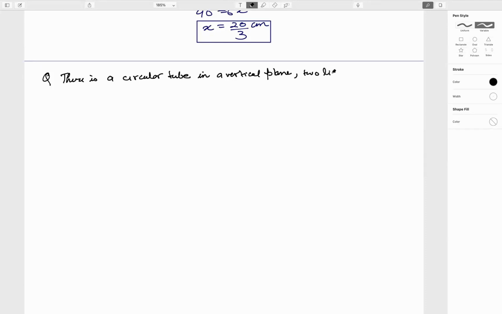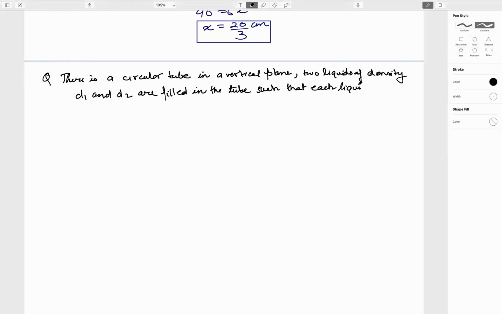Two liquids of density D1 and D2 are filled in the tube such that each liquid subtends an angle of 90 degree at the center.